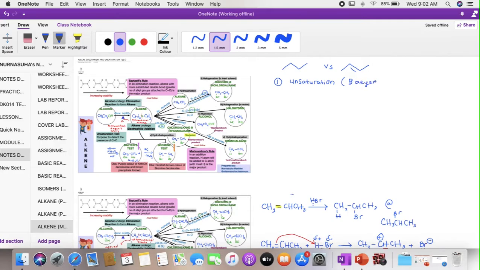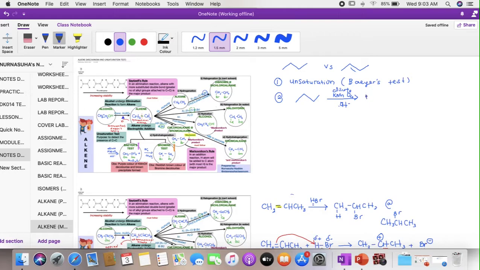Nanti dalam exam, bila awak mention test apa yang awak nak guna, awak akan dapat 1 markah. Yang kedua kita akan buat chemical equation. So kita ambil butane dulu, react with Bayer's reagent. Kena ingat lah, dilute KMnO4 and ada OH minus.